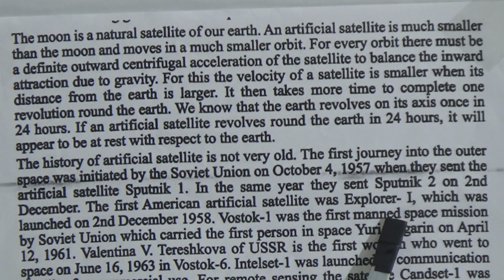Vostok 1 was the first manned space mission by the Soviet Union, which carried the first person into space. His name is Yuri Gagarin. Dear students, manned means this Vostok satellite carried a human, on 12 April 1961.